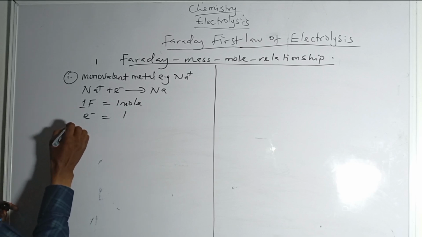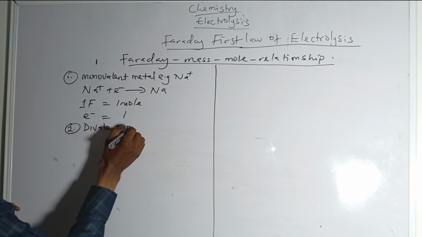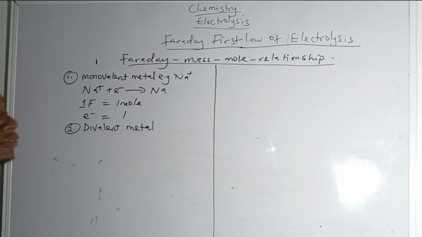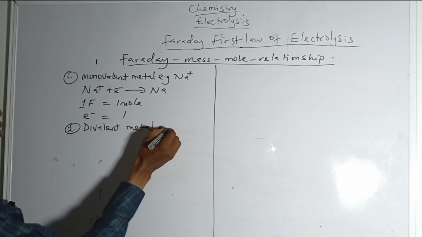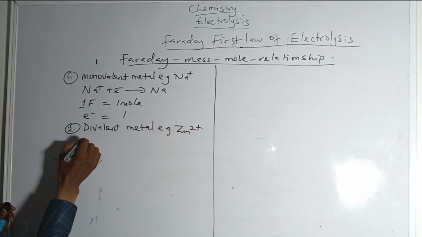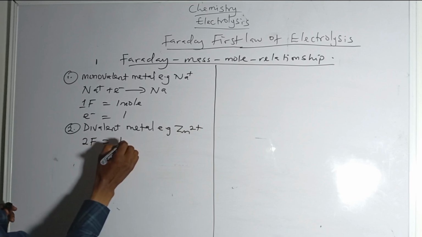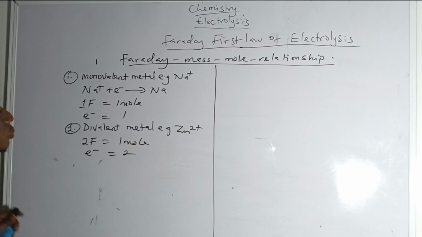For divalent metal, e.g. Zn2 plus, 2 farad will be equal to 1 mole. Then the E minus is equal to 2.